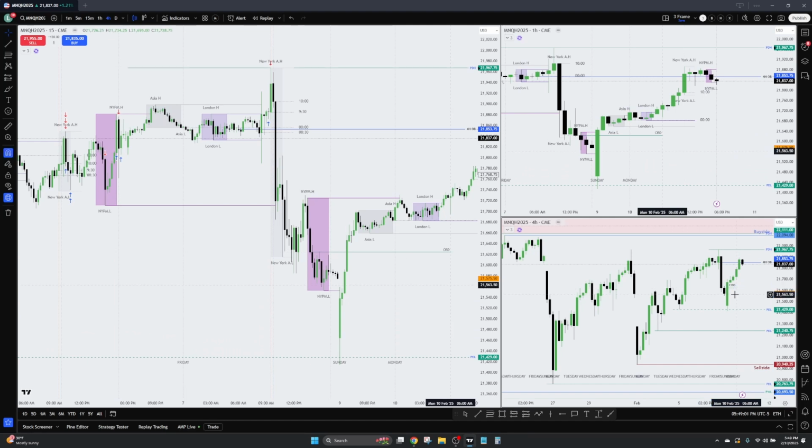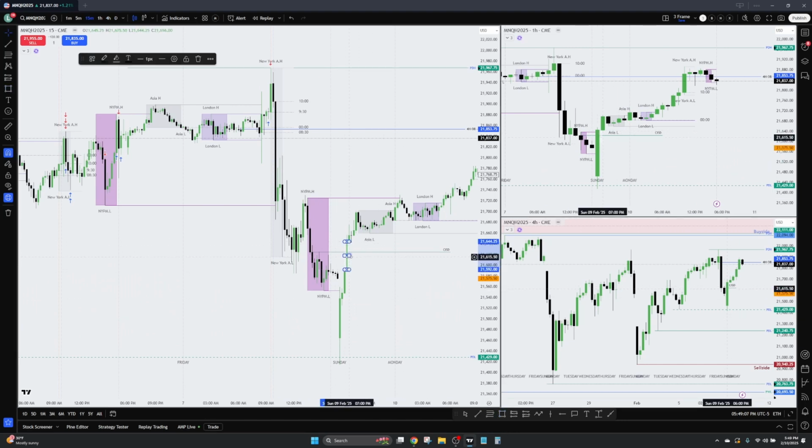And if you look here in the 15-minute, there's also a fair value gap that price returns into on this candle here and moves up to take out New York PM session high during Asia session.